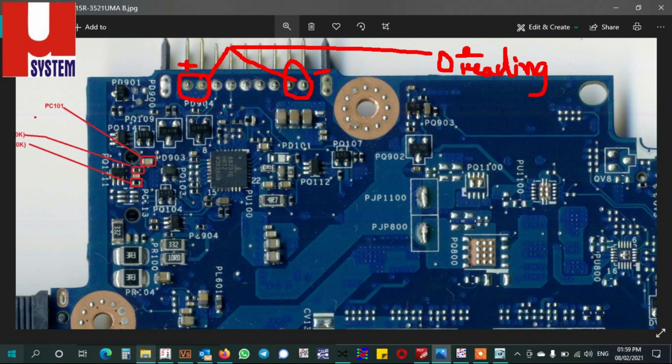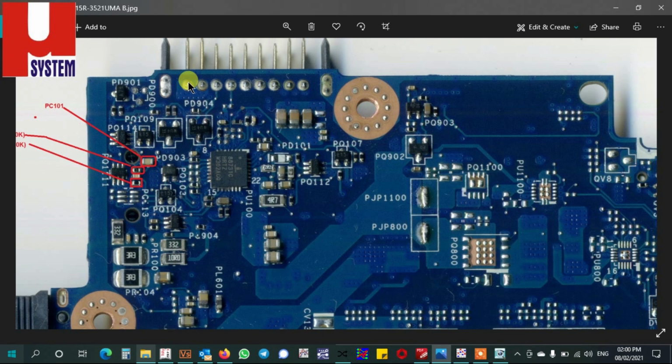So basically it should not be 0 ohms reading between these 2 points. Here we are checking with the ground points, this is 8 and 9, 9 number pin and 8 number pin.